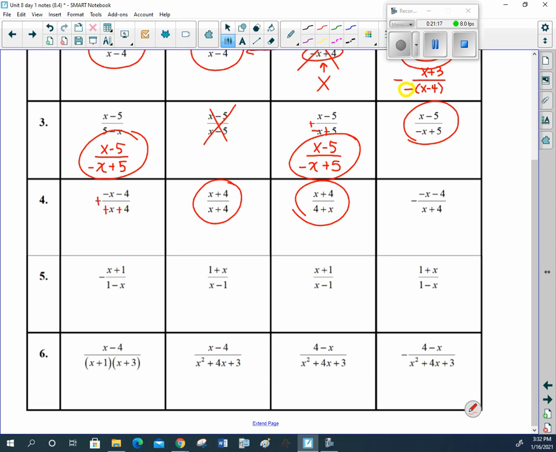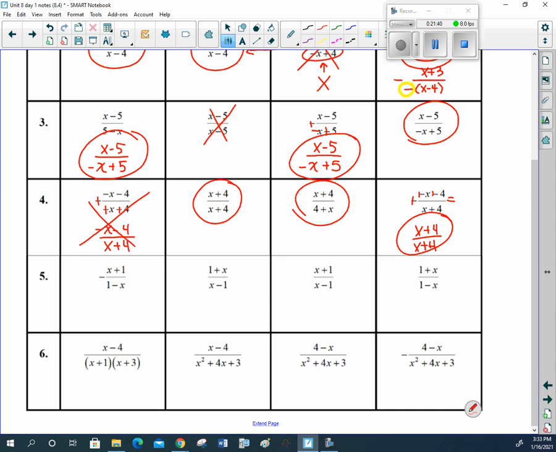And then we would end up with a negative x minus 4 over x plus 4. And then over here, I'm going to move it to the numerator. And that's going to leave you with x plus 4 over x plus 4. And so that's the same as the other one. So this is the odd man out. That one's different.